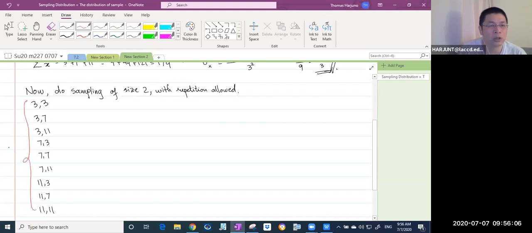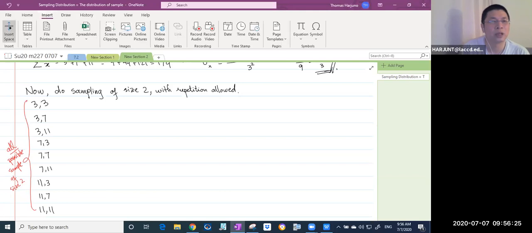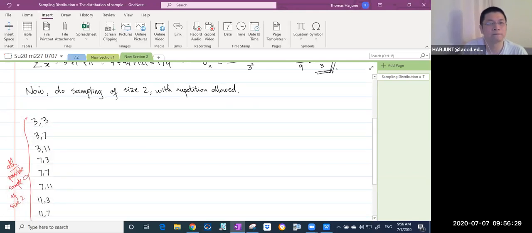This is all possible sample of size 2. Okay, that's all possible sample of size 2. Now let's call that sample of size 2.